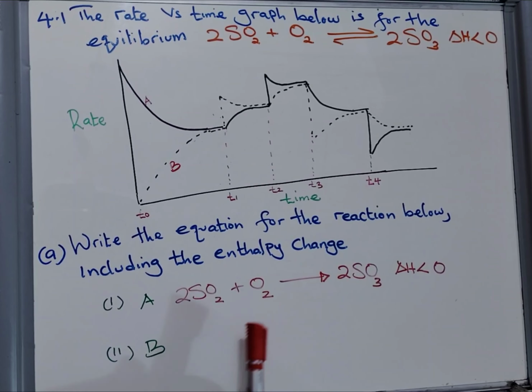Yeah, then comes this question. It says the changes at T1, T2, T3, and T4 are all due to change in concentration. State the change at each of the time below and explain your answer. T1. So what change took place at T1?